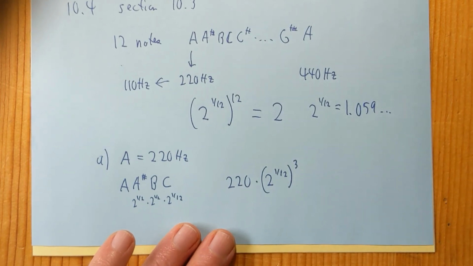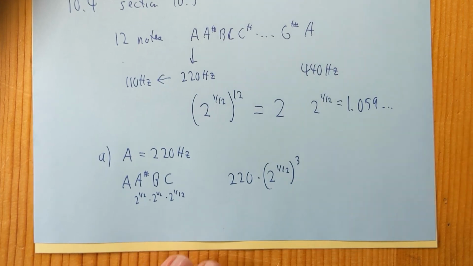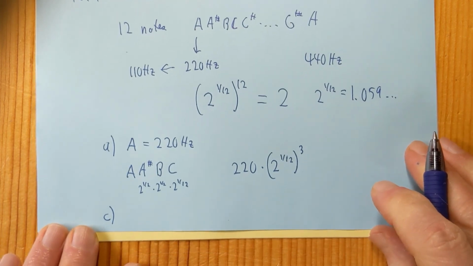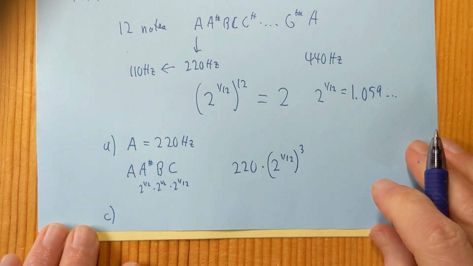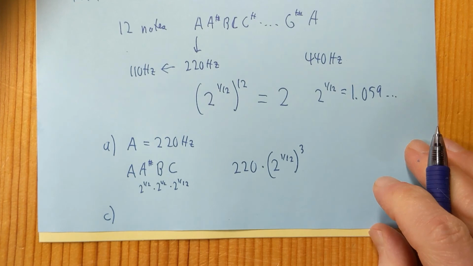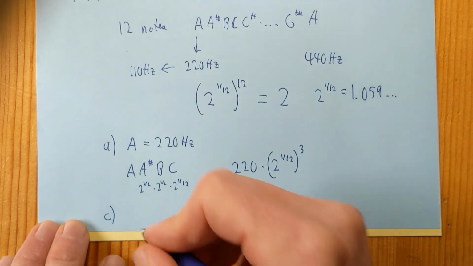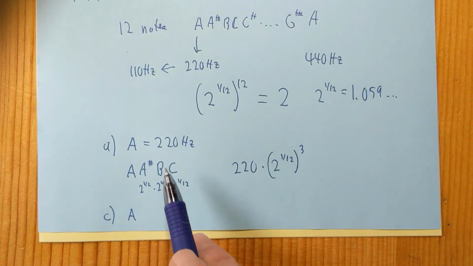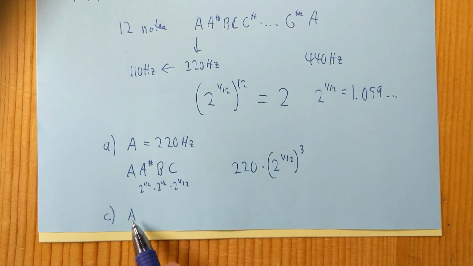And then they talk about this crazy Bosendorfer piano, and they ask what is the frequency of the lowest note on the keyboard. If you look at section 10.3 on the keyboard, it's an A. So how many A's below, I'll let you count that.